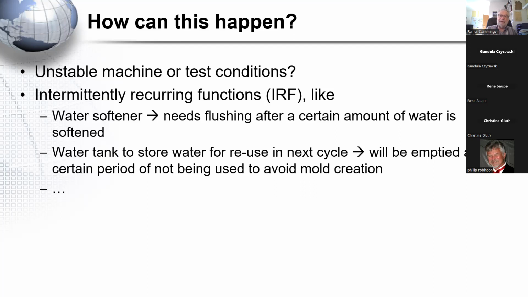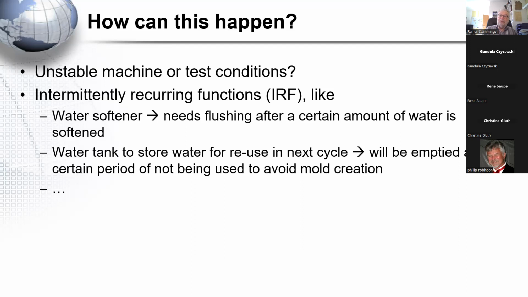If the resin is at the end of its capacity, it needs to be regenerated, and for this you need to run a regeneration cycle, which is normally done by flushing it with sodium chloride solution, so salt solution, and by that it is regenerated.